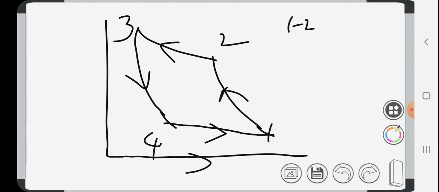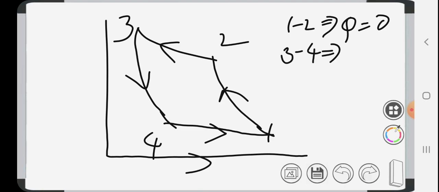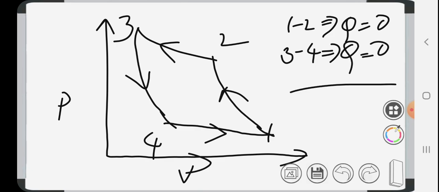So 1 to 2 is an adiabatic process, and adiabatic process means Q equal to 0. There won't be any heat transfer. Similarly, 3 to 4 is adiabatic expansion, right? Here also Q equal to 0. So in these two processes there won't be any heat transfer. But in case of the isothermal process, 2 to 3, temperature remains constant, but there will be heat transfer.